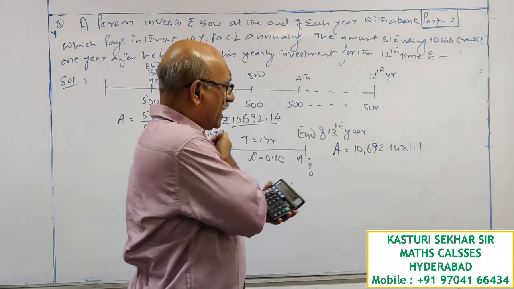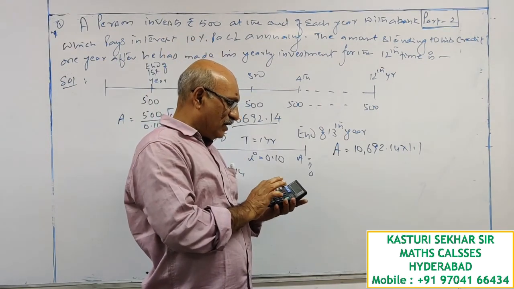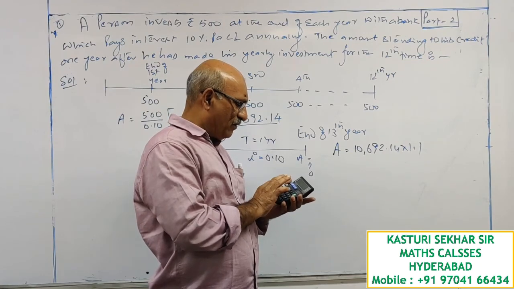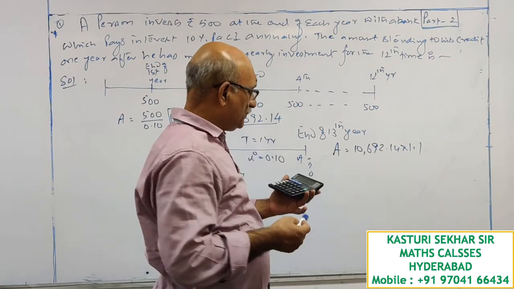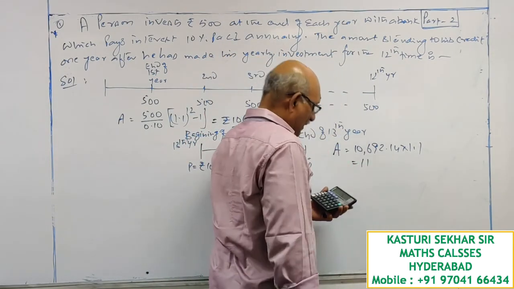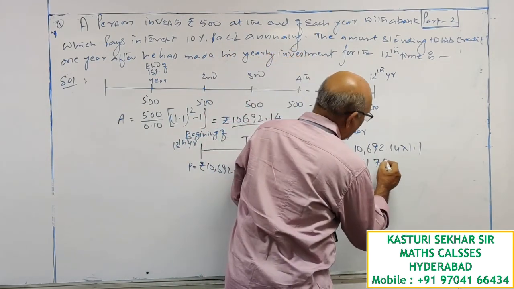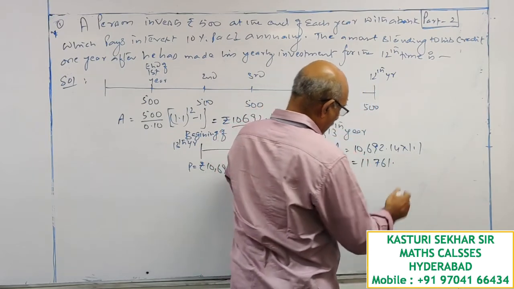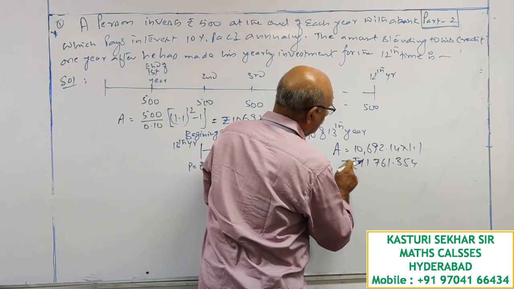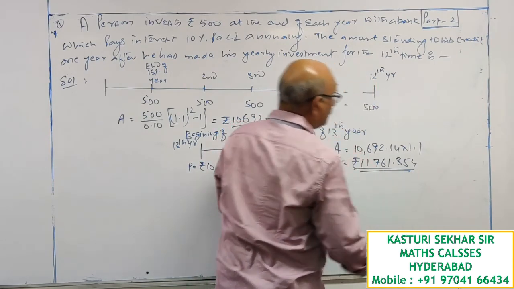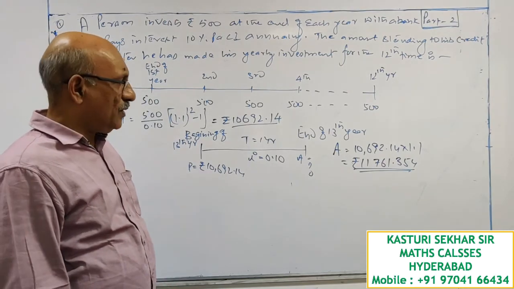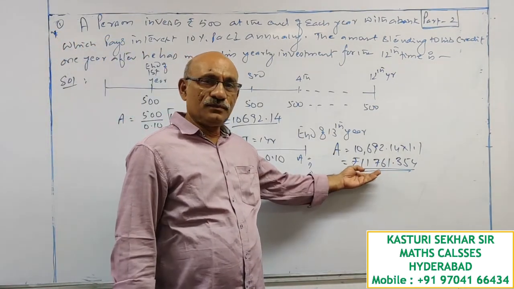This is 10,692.14 into 1.1. This is 11,761.354. This is the value.